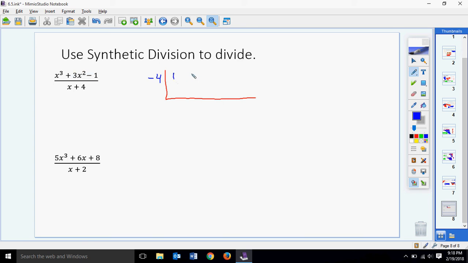X squared coefficient is 3, but where's the x coefficient? Well, there's 0x here, so the coefficient for x would be 0. I want to make sure I put that in there. And then we have a minus 1. Okay, so leave yourself a note that this stands in the place of, it's a placeholder for 0x.